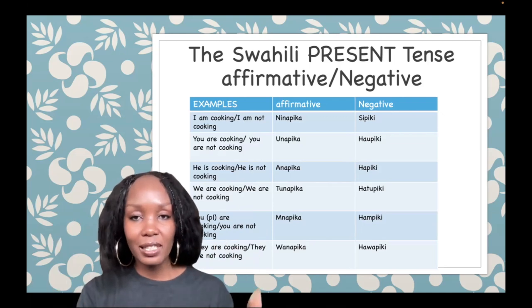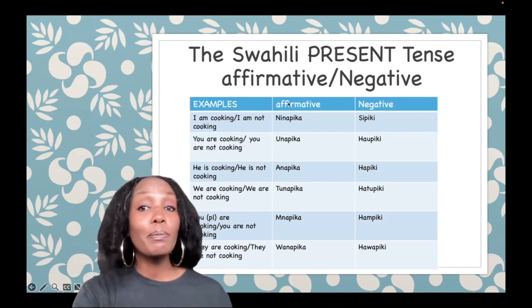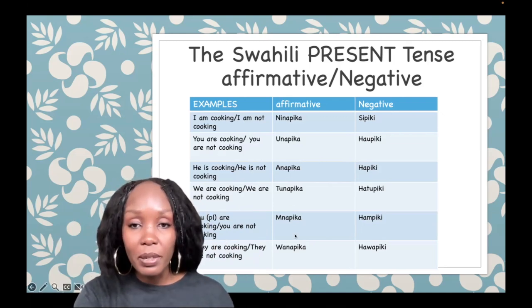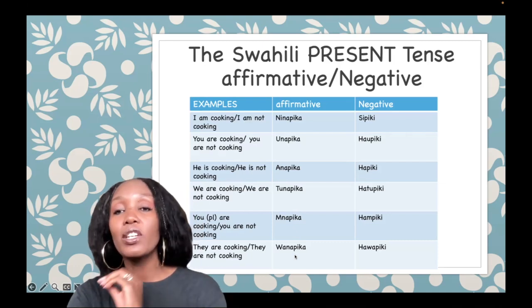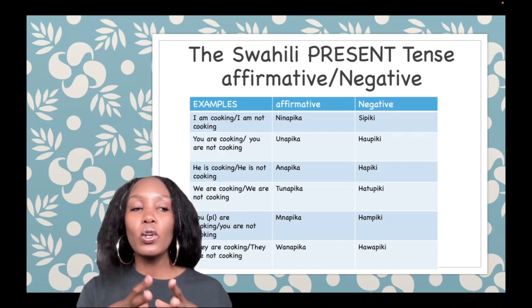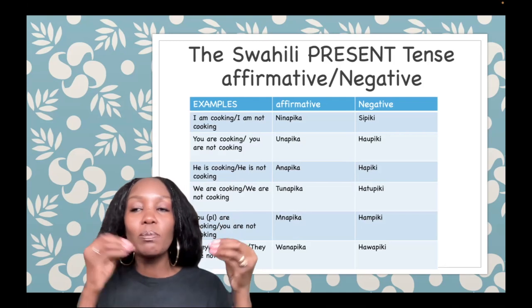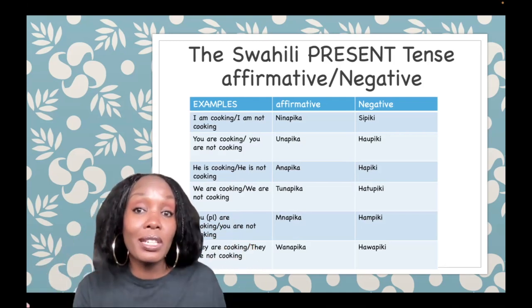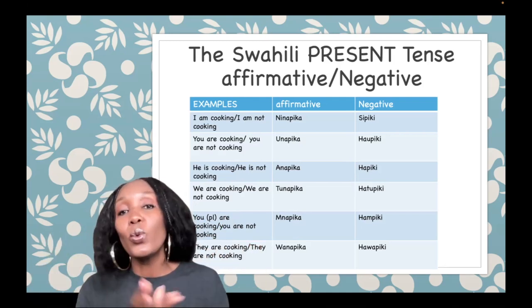The pattern is there. All you need to do now is simply replace this verb here with any verb that you're wanting to use. I like for you to know patterns so that you're not just randomly memorizing words, and then when you encounter the same word in a different setting, you don't know what's happening.